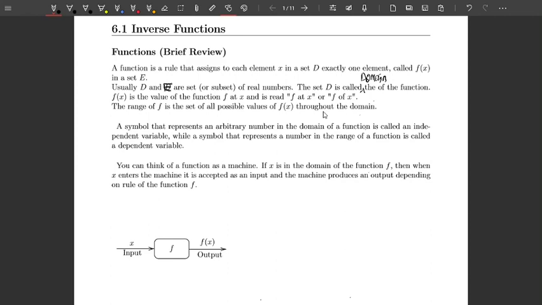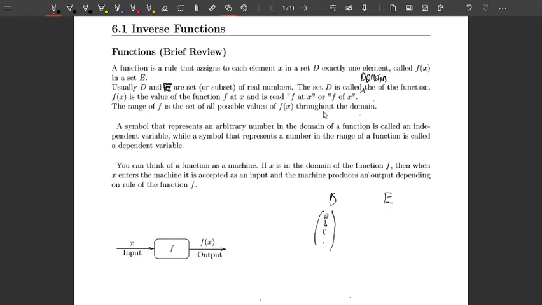So if I want to define this maybe a little bit graphically, we could say we have a set D, and another set E. Now, I could say my set D has elements maybe A, B, C, like that going.